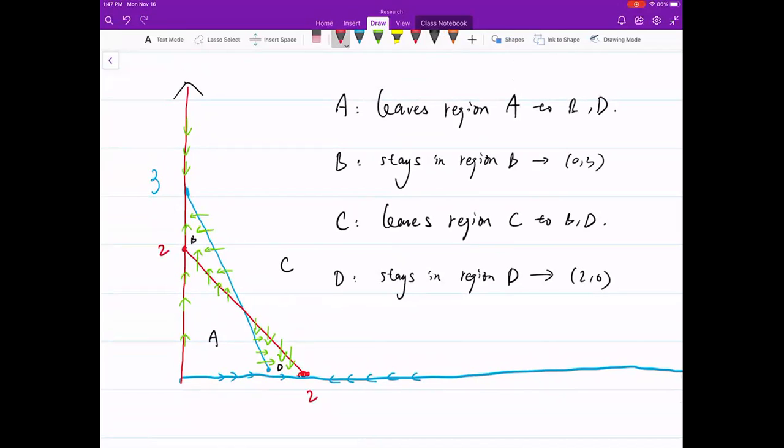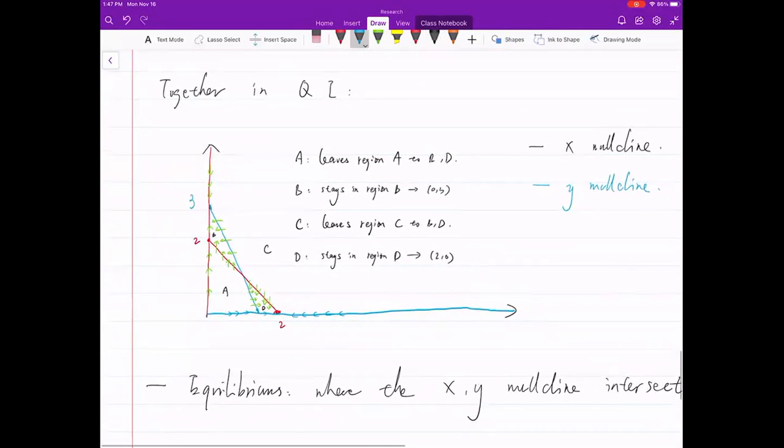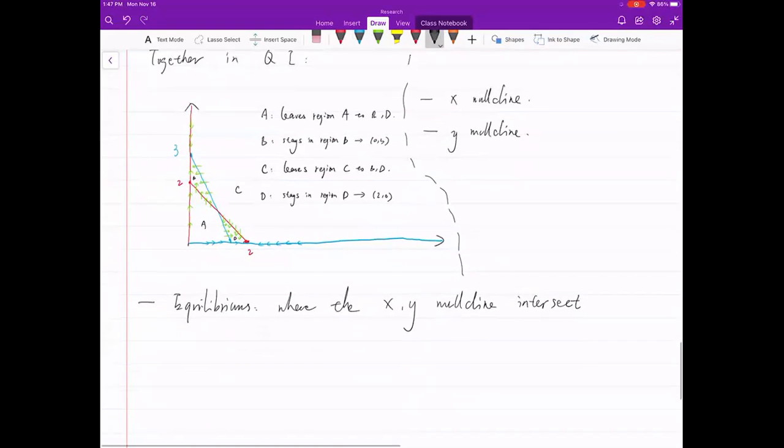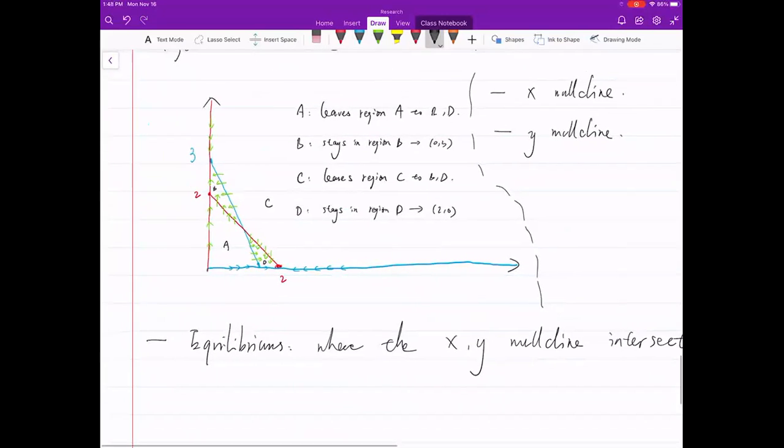This is 2, and that is 3. All right. Does it make sense to everybody?